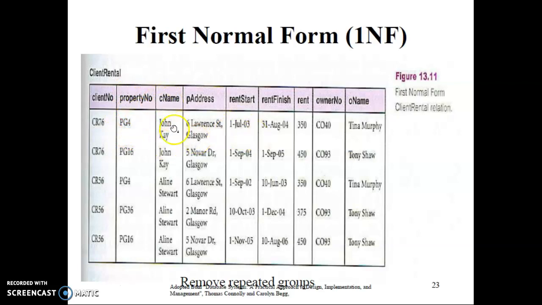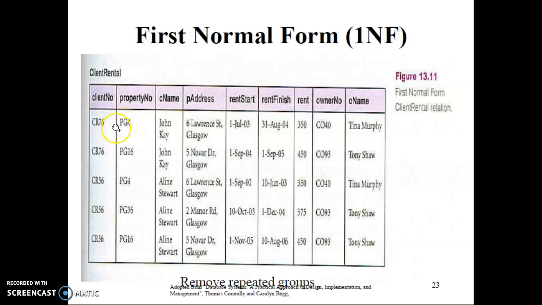Take any value. For all attributes, at the intersection of row and column, we have only one value. That is called elimination of repeating groups. This is the rule we have to follow for converting unnormalized form into first normal form.